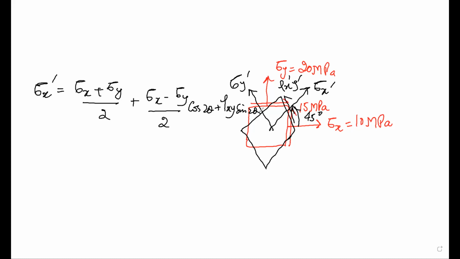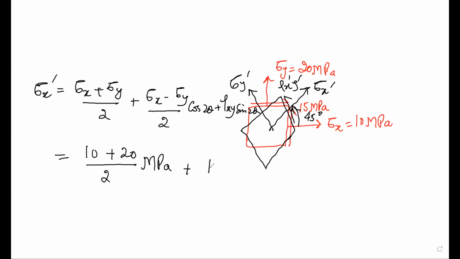Is this fine? Yes. So sigma x is how much? 10. So this is (10 megapascal plus 20 megapascal)/2. Be careful about the units. Write down units at the bottom.